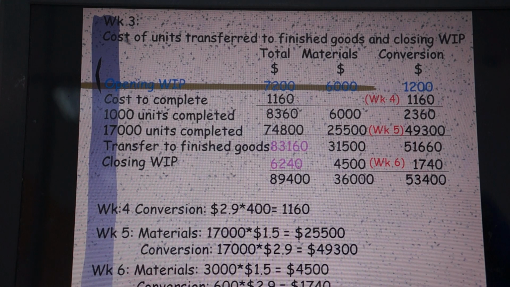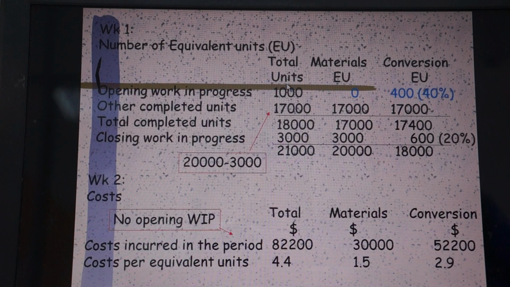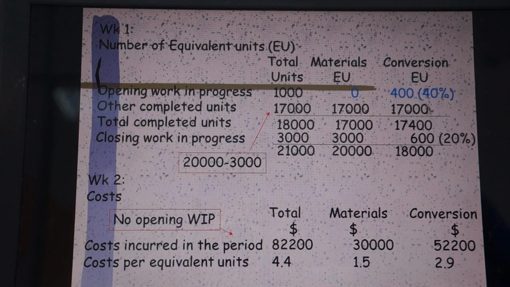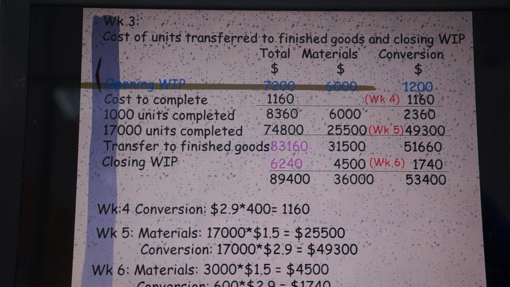Okay, working number 3 is cost of unit transferred to finished good and closing work in progress. So opening work in progress, okay, we put all the costs in example question. 6,000 and 1,200. So the total is 7,200. Okay, look at here.